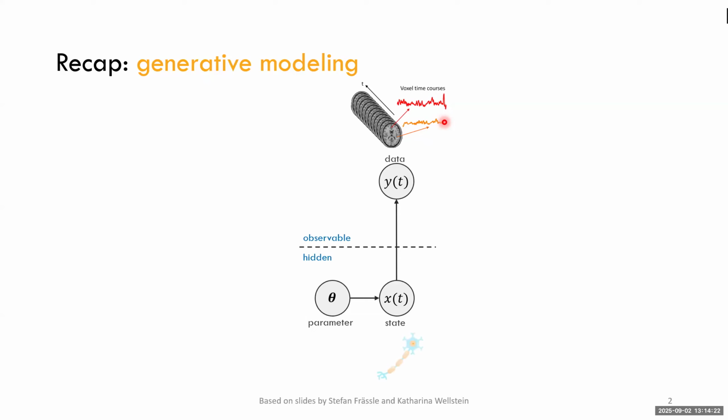The hidden states in our system are hidden because we don't actually know the ground truth neural activity in our participants. The states are basically the neural dynamics within these brain regions from which we have these time series. The parameters could be, for example, the directed connection strengths between different neuronal populations. This is just one way of looking at this diagram.